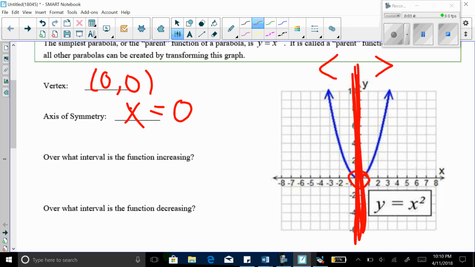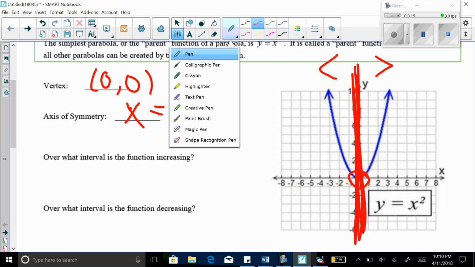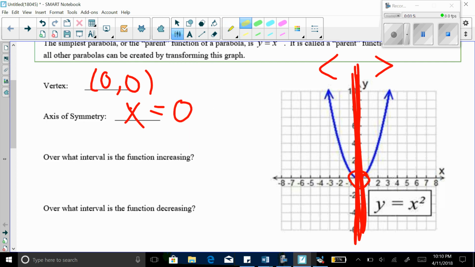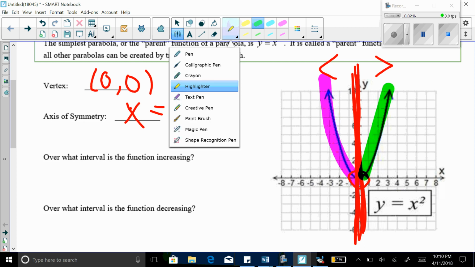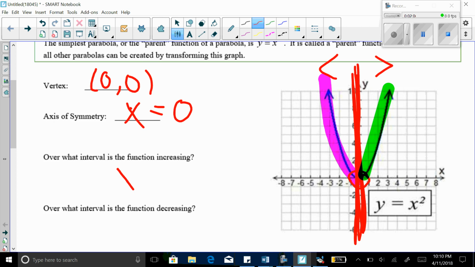Over what interval is the function increasing? So I say, okay, it's going down there and then up there. So it's increasing when x is greater than 0, and then the other one's always the opposite.